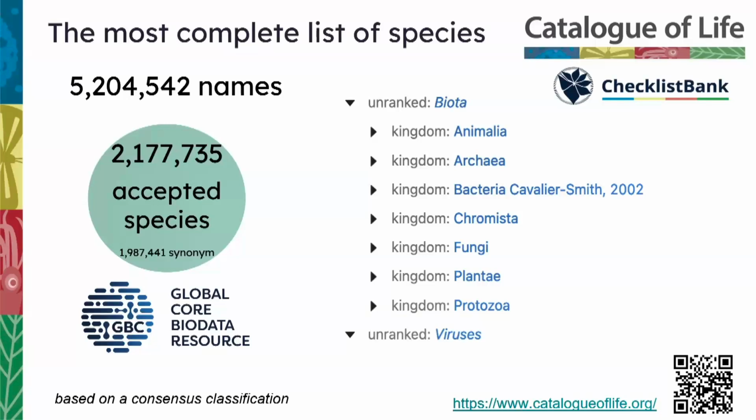It is worth mentioning as well that for several years now, the catalog has been assembled in the Checklist Bank platform, which also supports the publication and curation of checklists, and is also the repository for those mobilized and registered through GBIF. The Catalogue of Life and Checklist Bank are recognized as global core data resources.